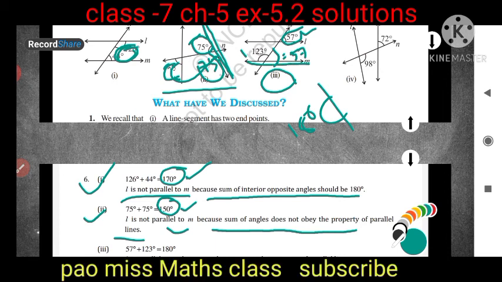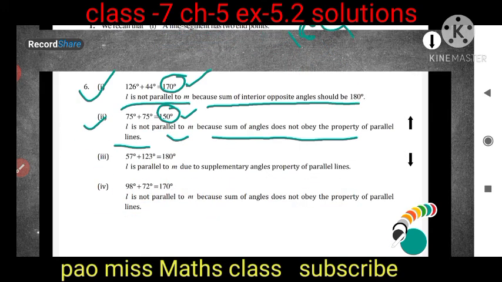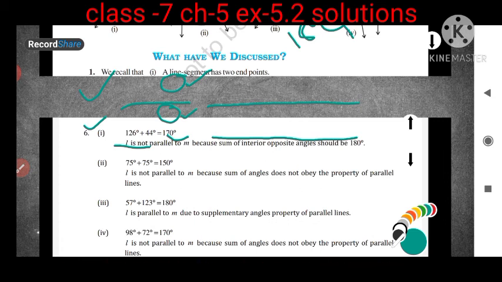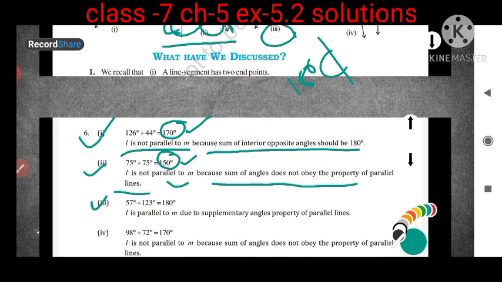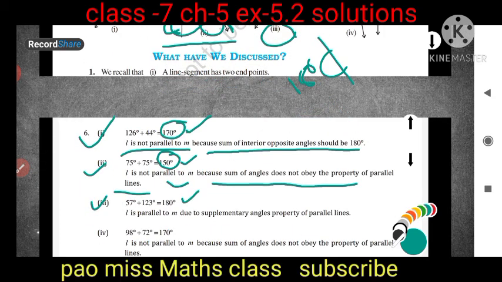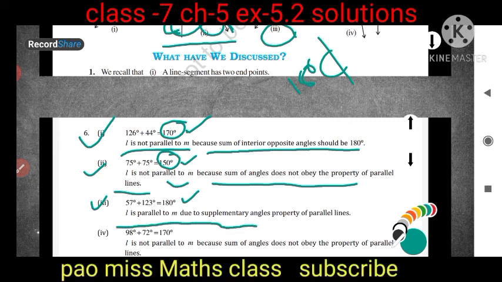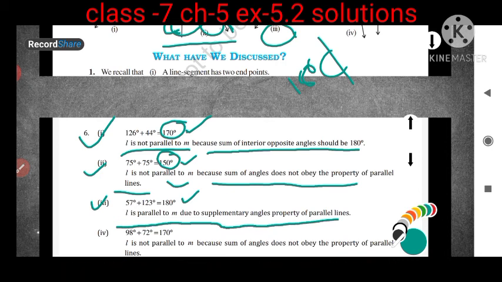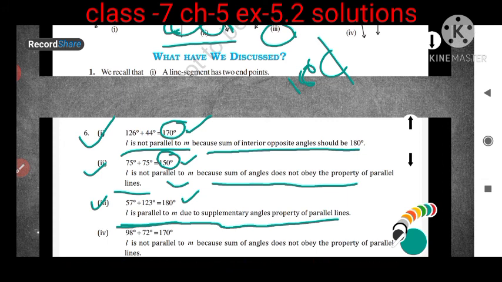So you have to add 57 plus 123. How much did we get? 180 degrees. That means L is parallel to M due to the supplementary angle property of parallel lines.